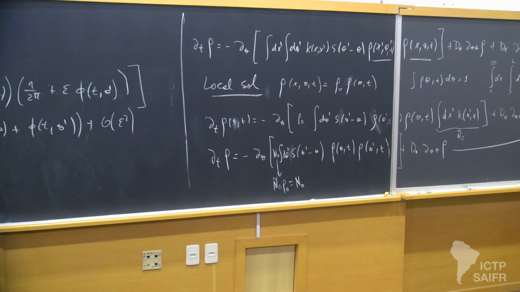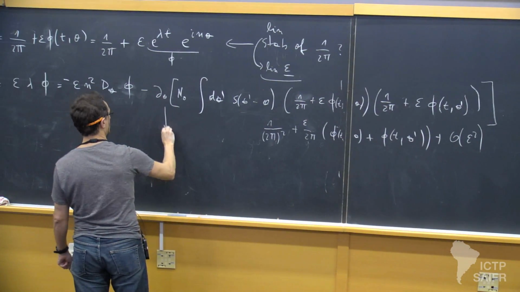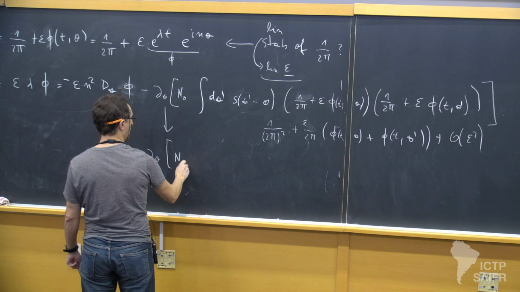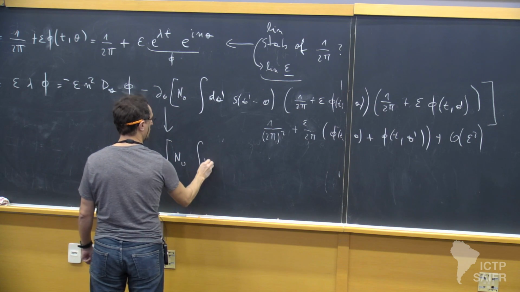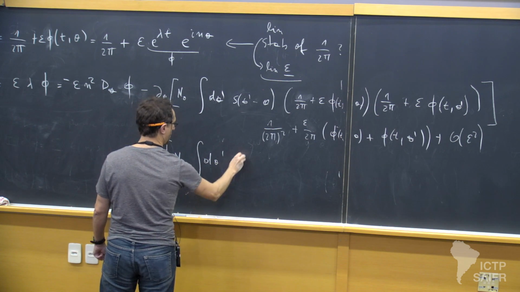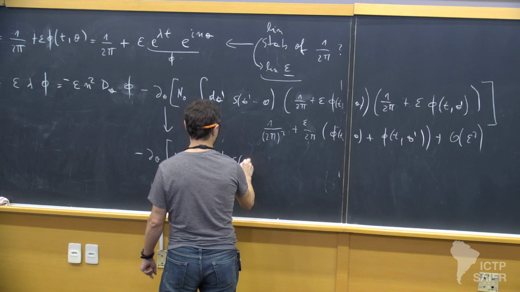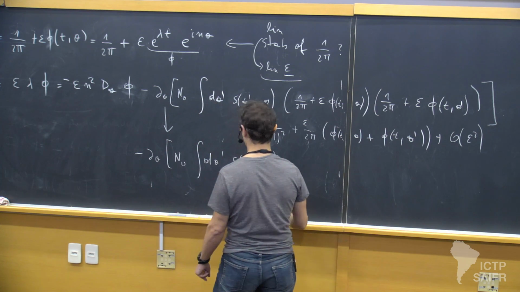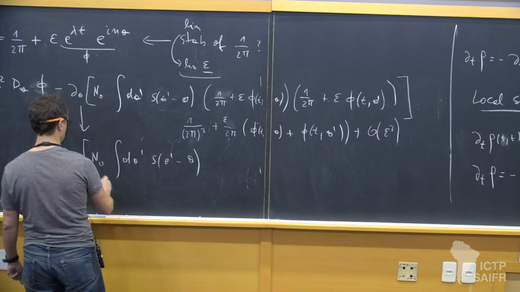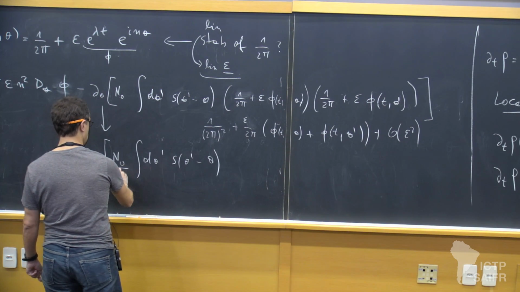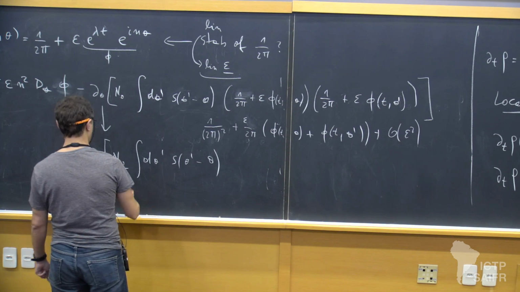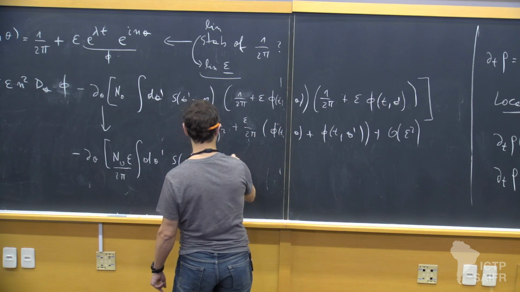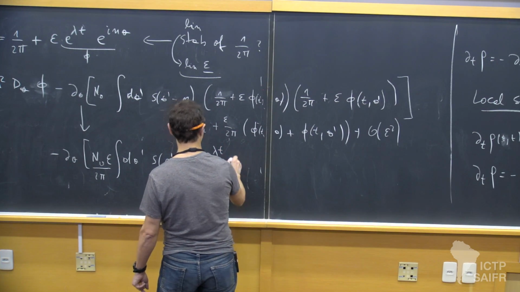So if I do this, you get 2 pi, and there is this epsilon, which I can put in here, and we get lambda t.